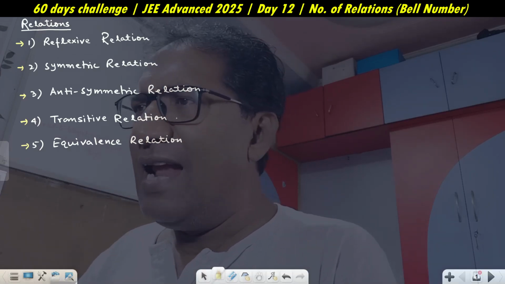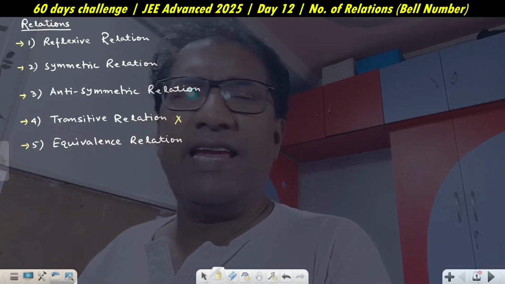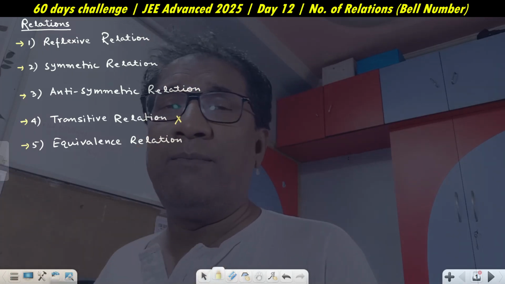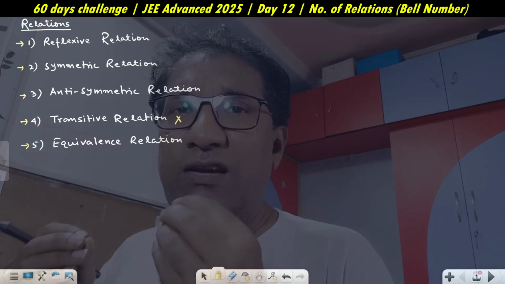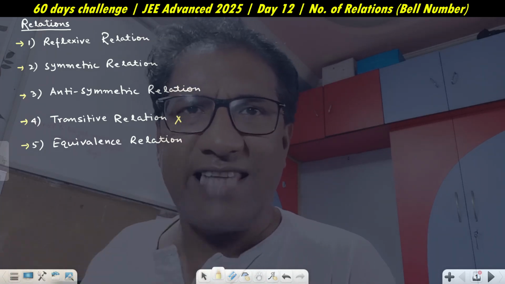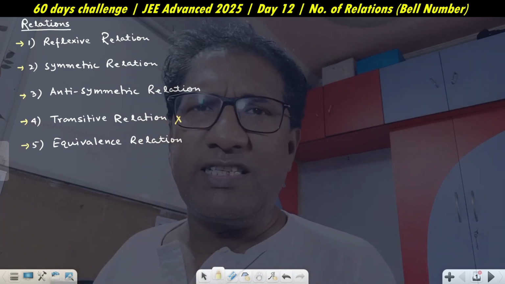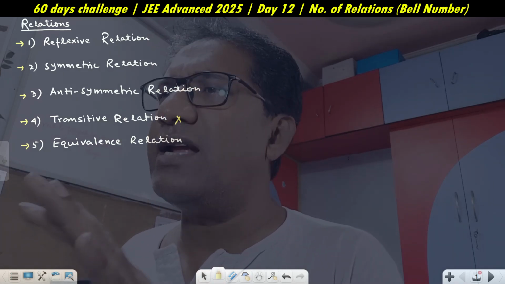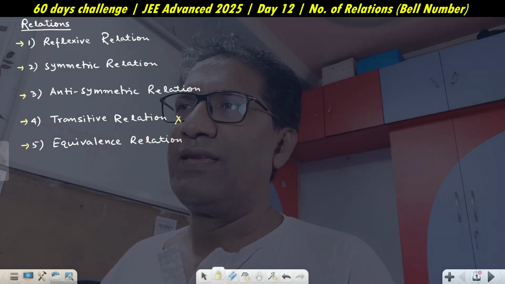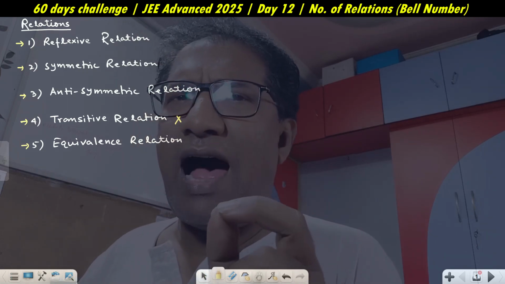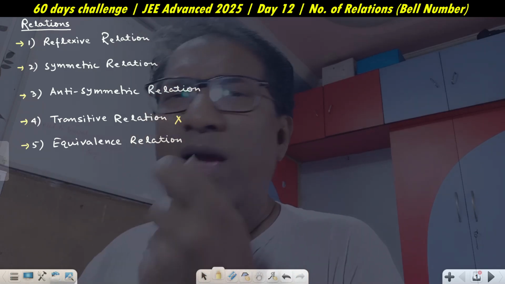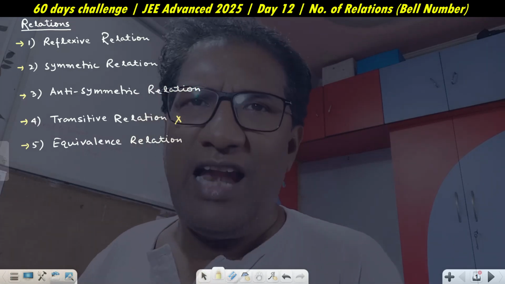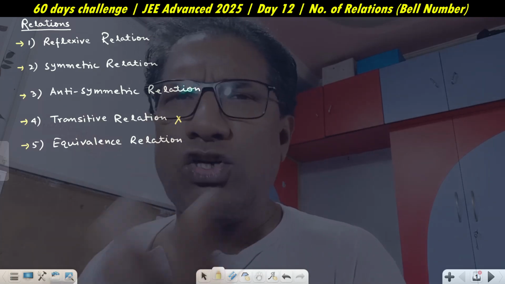So first, let me take this out, because I cannot give you any method of finding the number of transitive relations possible on a set. So we will be focusing on reflexive relation, symmetric relation, anti-symmetric relation and equivalence relation. Now, first I'm giving you a quick revision of what we mean by reflexive relation and all the other relations. Very short, quick revision.